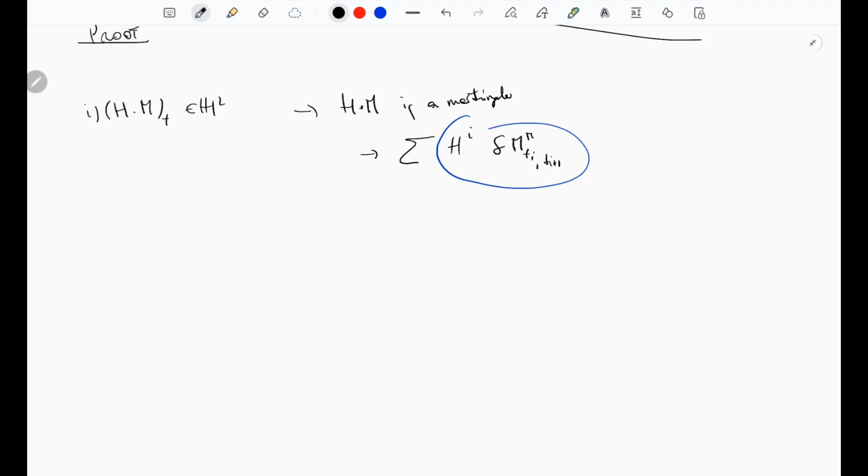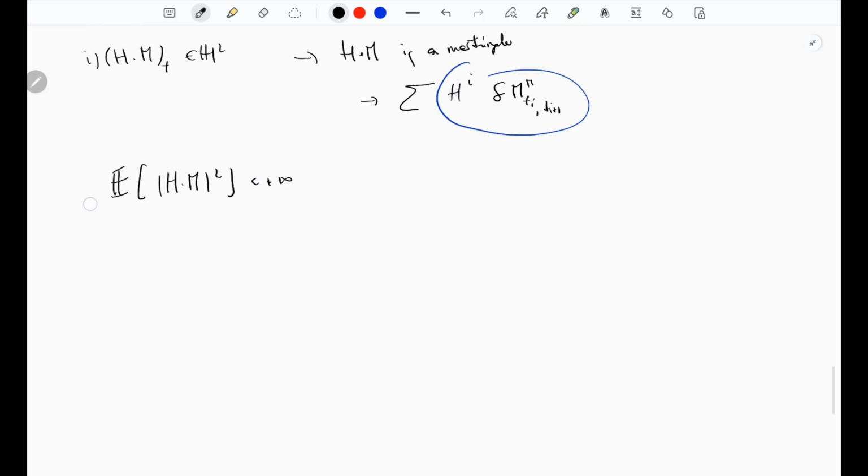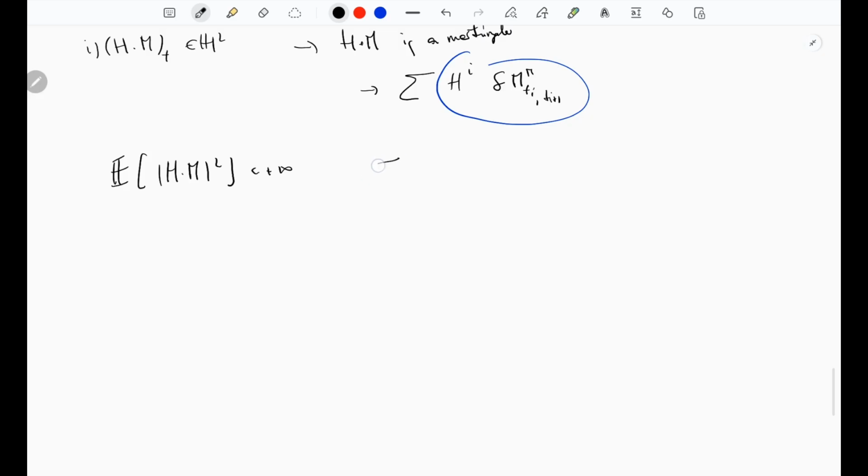Continuous, pretty obvious. Bounded. So you need to prove this is bounded. As I was saying, you use the definition of the stochastic integral for elementary processes, because then again, remember, you can work by density. If you prove it with elementary processes, you can eventually work by density.